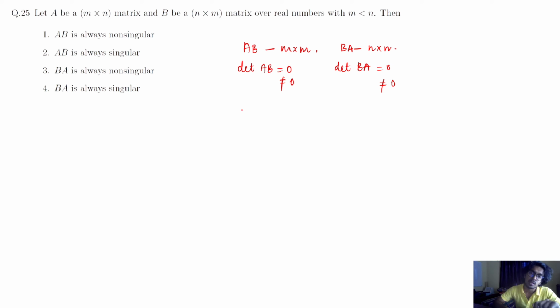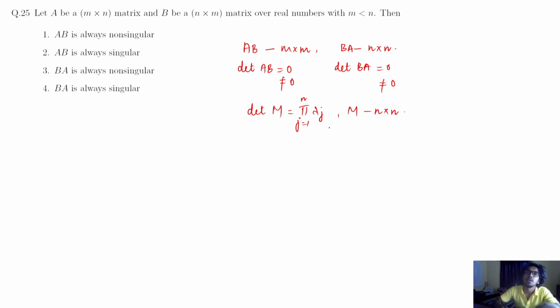In that case, we must be aware of the results that we know. That is, the determinant of a matrix is the product of the eigenvalues. Suppose M is an n by n matrix.